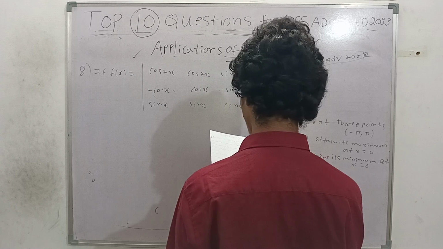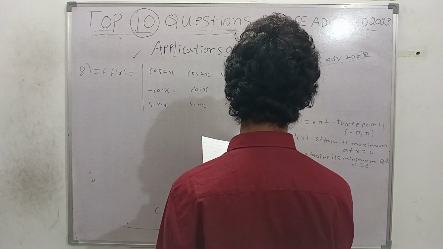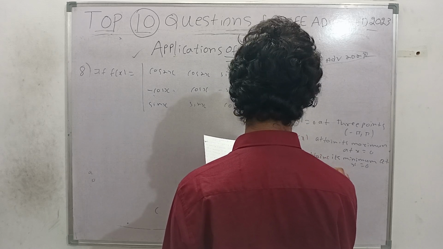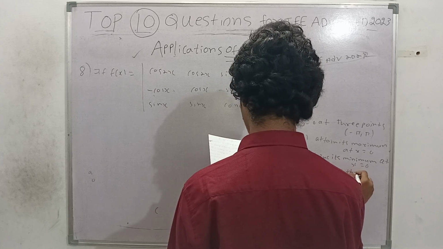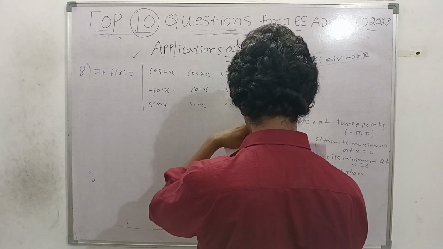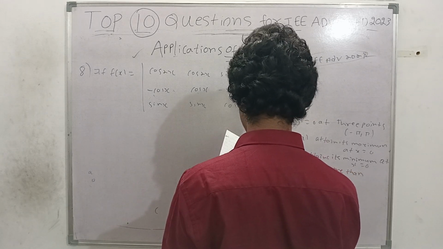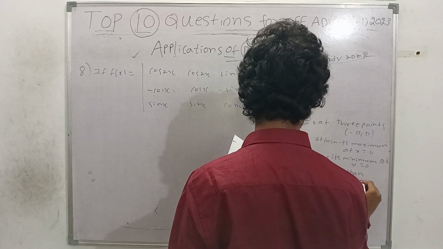F dash x equal to 0 at more than 3 points in minus pi to pi.